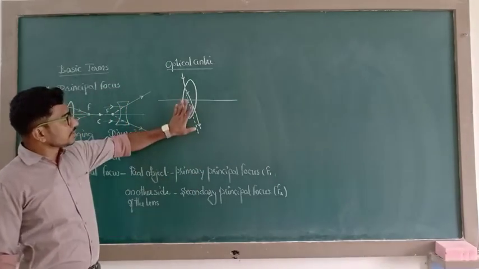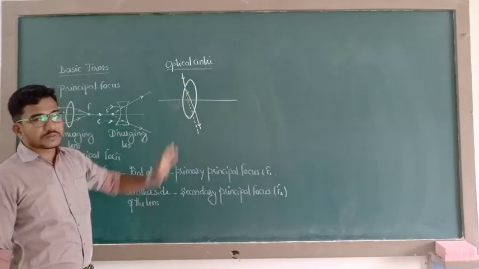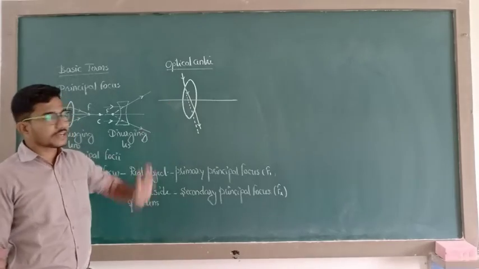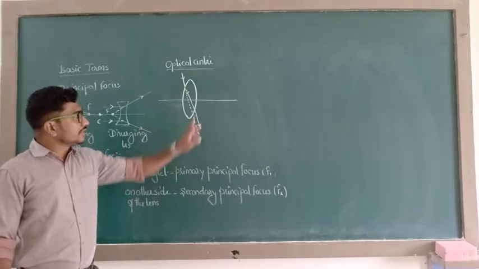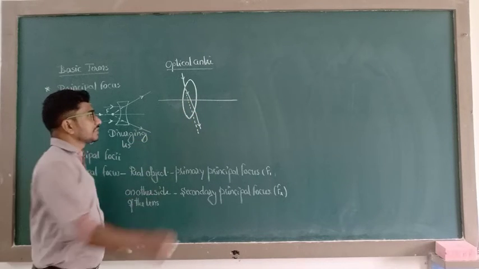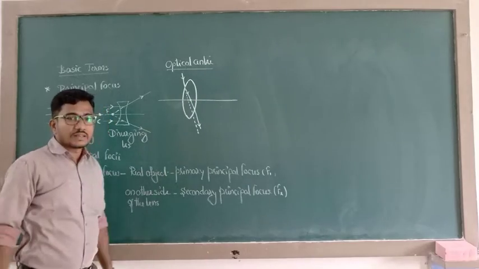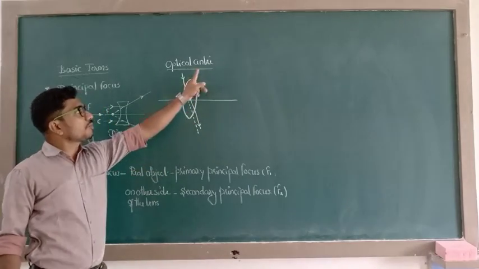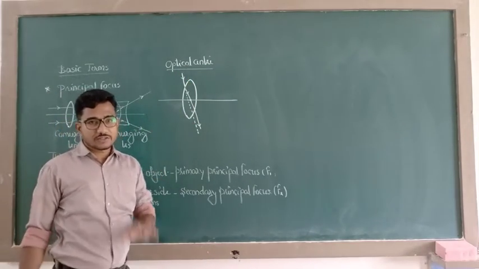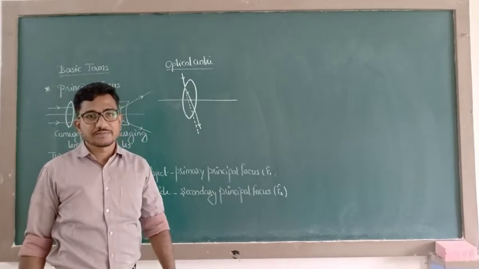See here, in this convex lens, when a light ray is made to pass through it, it undergoes refraction. Inside this lens, the refracted light ray meets the principal axis at this point. This point is known as the optical center. So this is our reference point in case of a lens to measure all the distances.